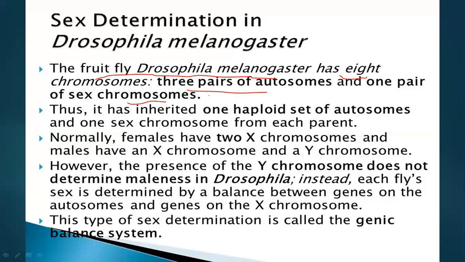These are called allosomes. It inherits one haploid set of autosomes and one sex chromosome from each parent.